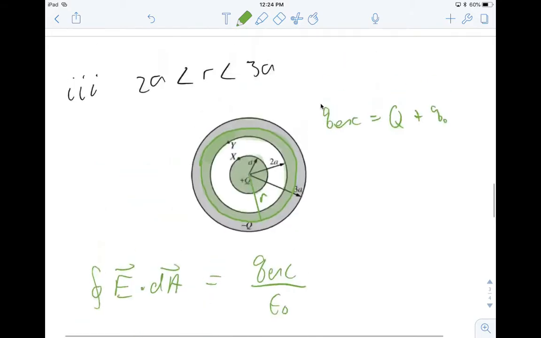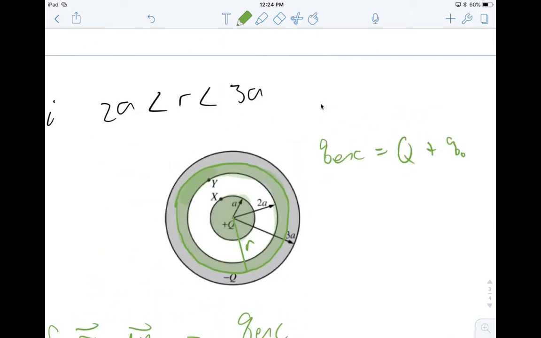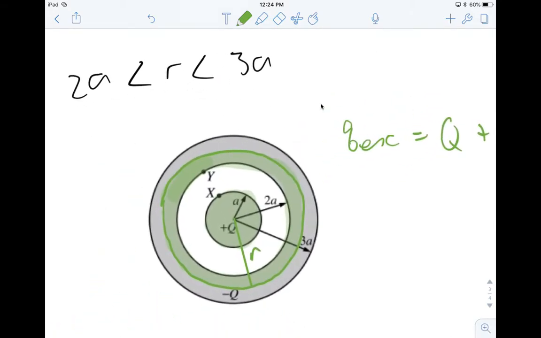How do I figure out that volume? Notice that the total volume is the volume of a sphere of radius 3a minus the volume of a sphere of radius 2a. So the total volume is 4/3 pi times 3a cubed minus 4/3 pi times 2a cubed.